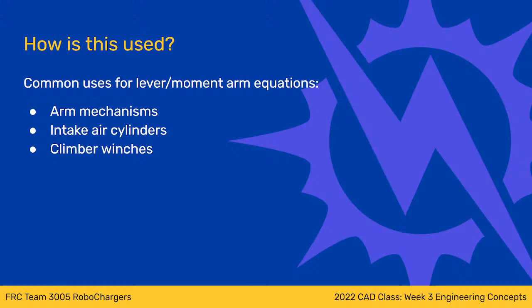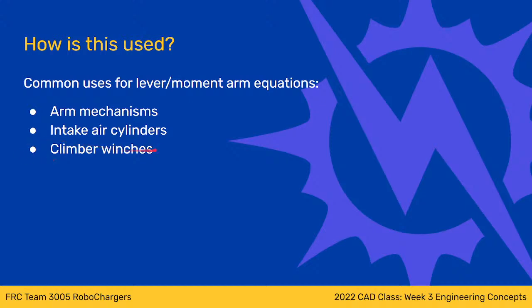If I've got a big heavy arm, I want to know the distance from the center of gravity to the pivot of the arm, and how heavy the arm is. I can calculate how much torque that arm is going to take to lift, and then I can use that to design a gearbox and design power delivery to move that arm in a way where I know that it will be able to lift the weight.